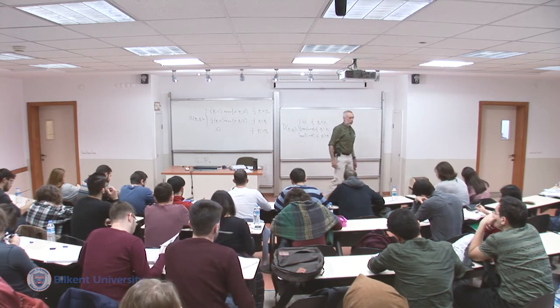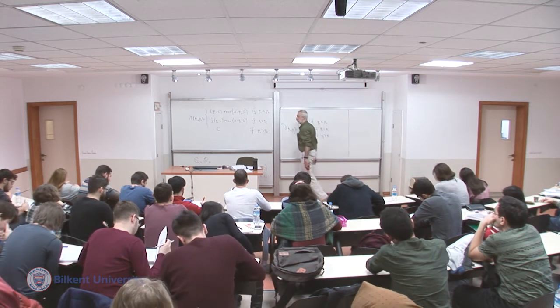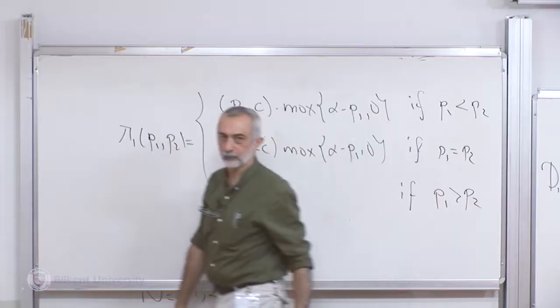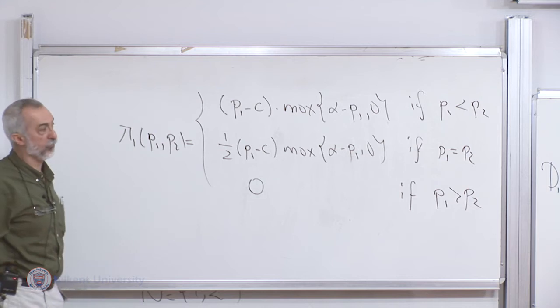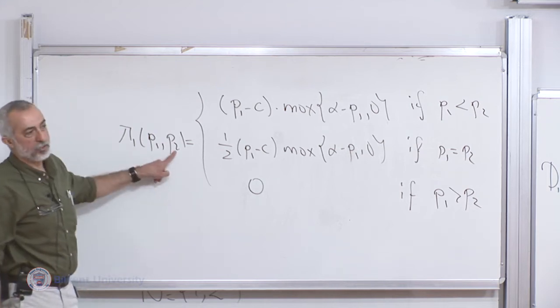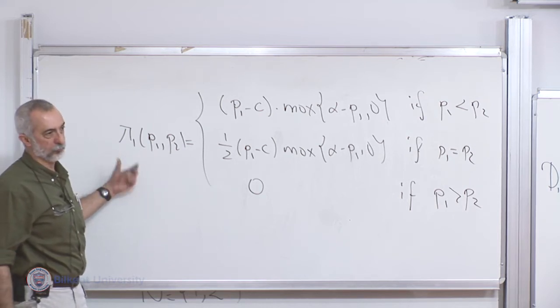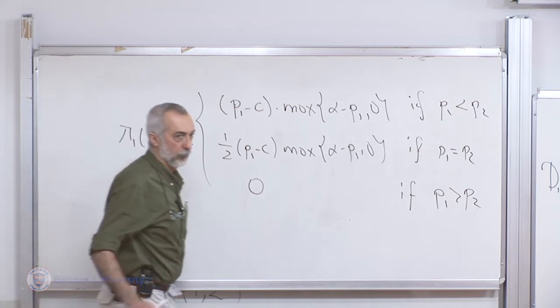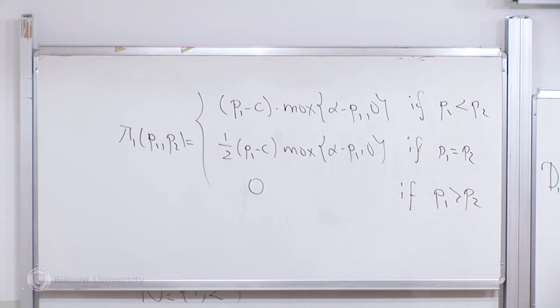Again, pictures are powerful tools. Try to make use of them. So we're trying to find the best response. That is, we're trying to solve a maximization problem. Okay? Fixing P2, we're trying to find P1, which maximizes this function. Now, you might think about using differential methods again, but be careful. This function is not differentiable everywhere.